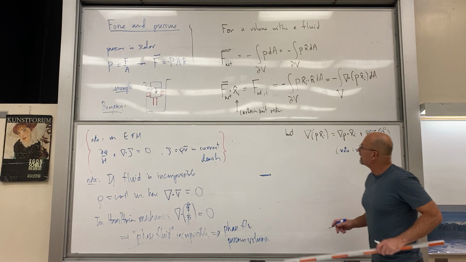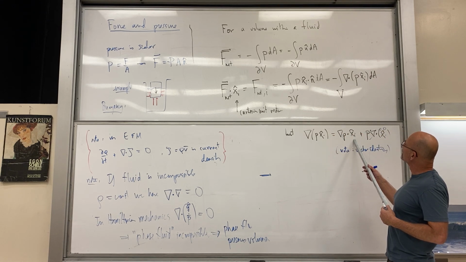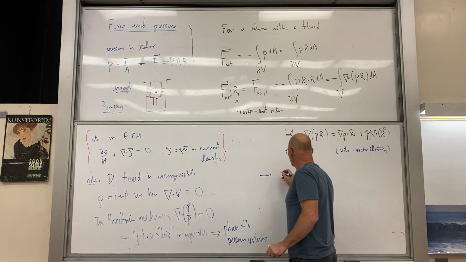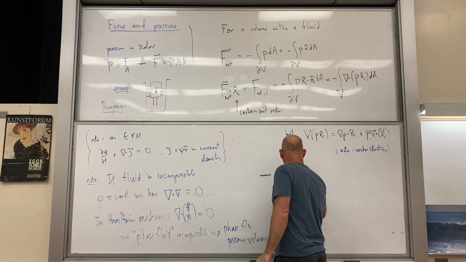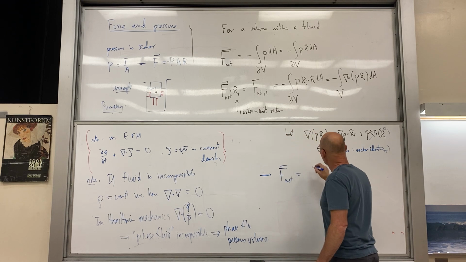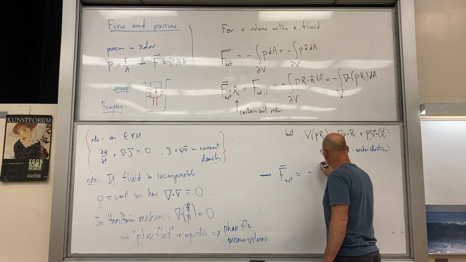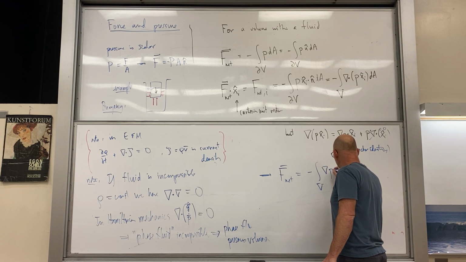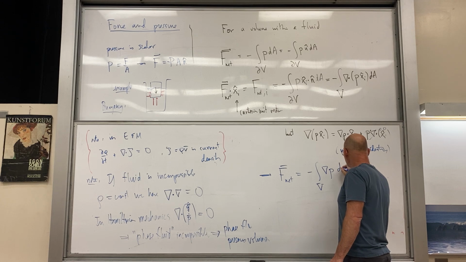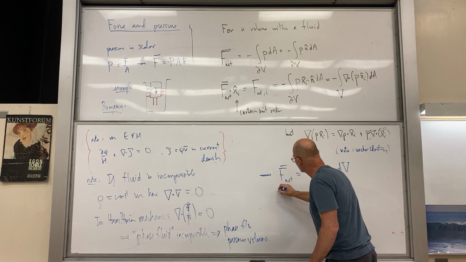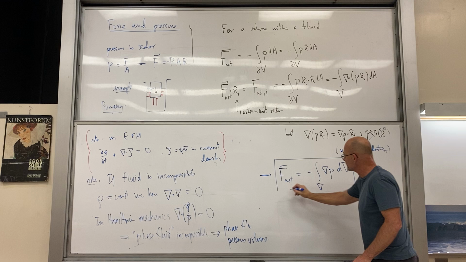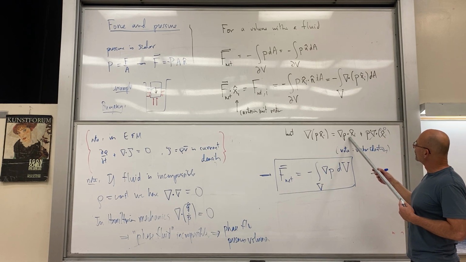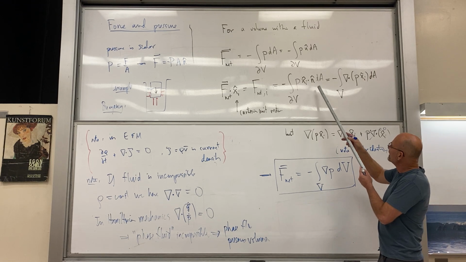So that was from one component. Okay. So we go back to F net. We end up with F net equals minus the integral over the volume of gradient P d volume, because the gradient P xi hat is what went into here.